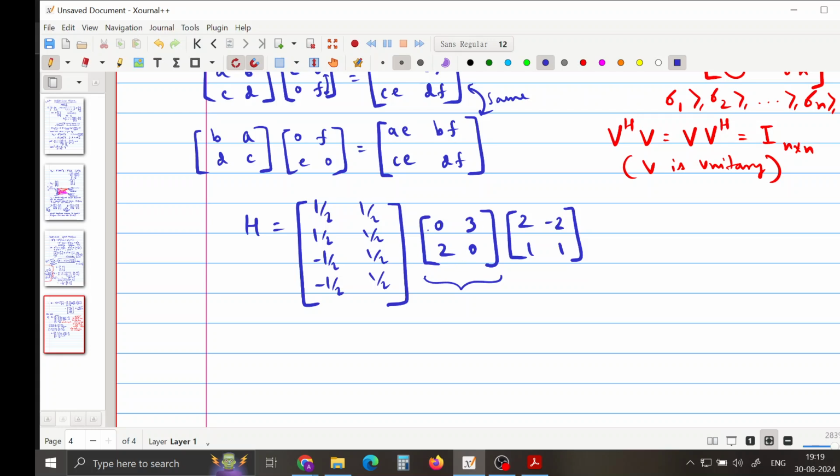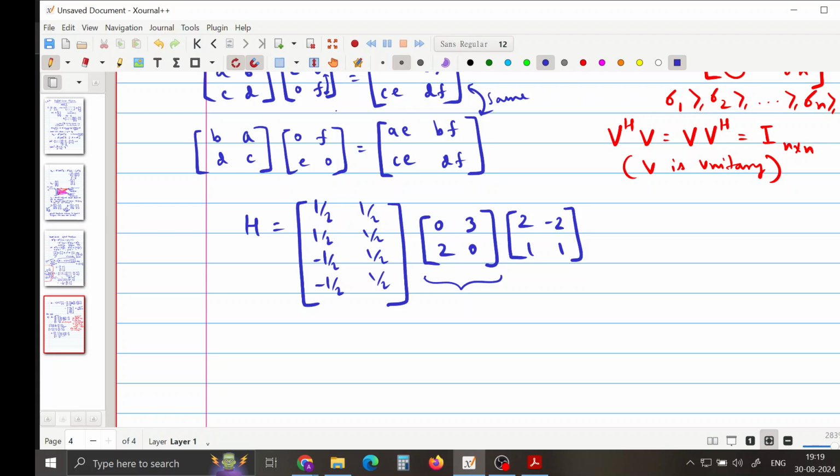Because if we exchange the columns, then the first column becomes 3 0 and the second column becomes 0 2, and in that case it becomes a diagonal matrix, and also it ensures that the diagonal entries are sorted in the decreasing order, right?